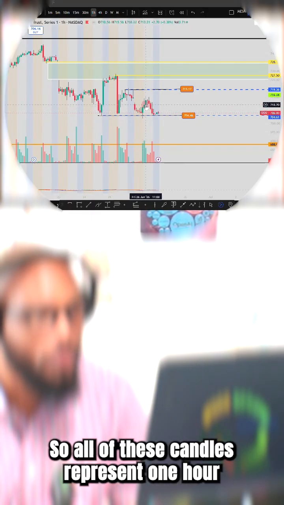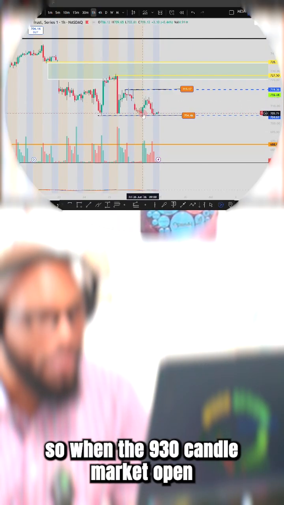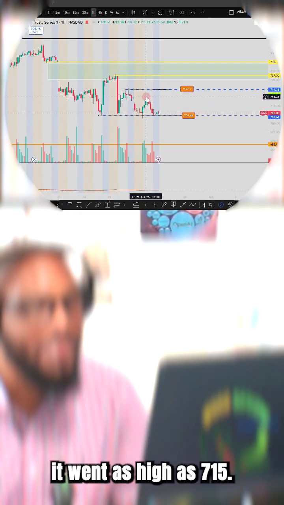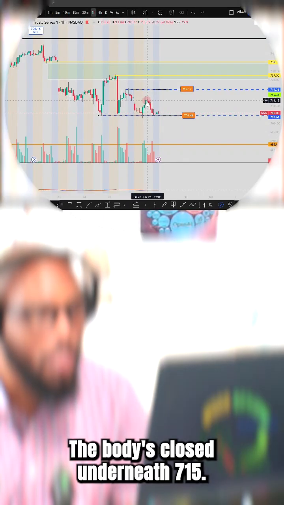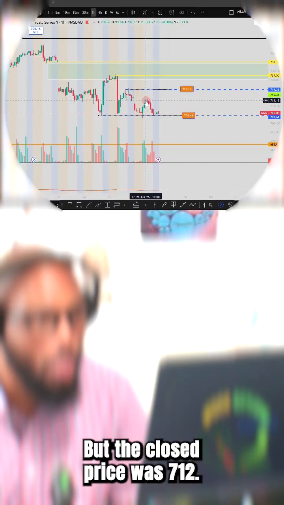So all of these candles represent 1 hour of price action. So when the 9:30 candle opened, it went as high as 715. The body closed underneath 715. So 715 was the highest price it went, but the close price was 712.